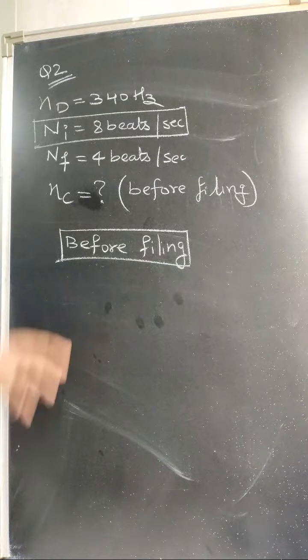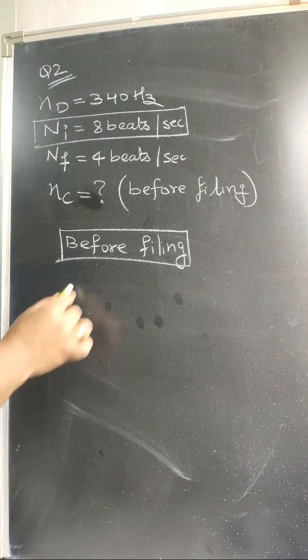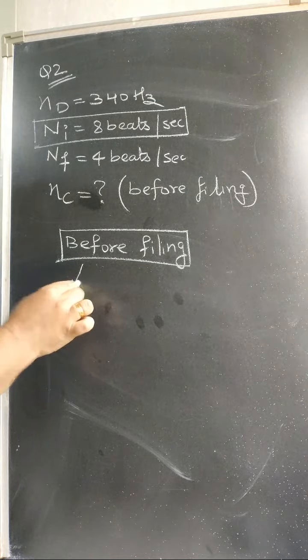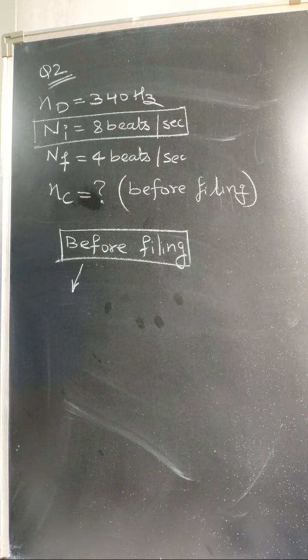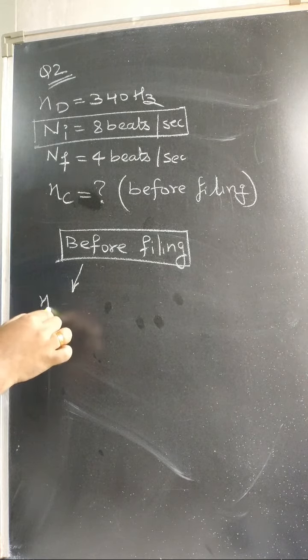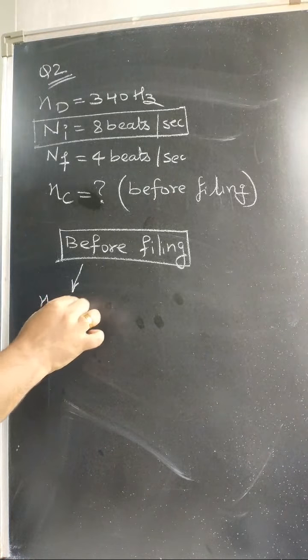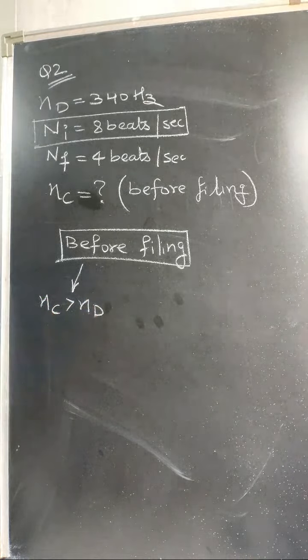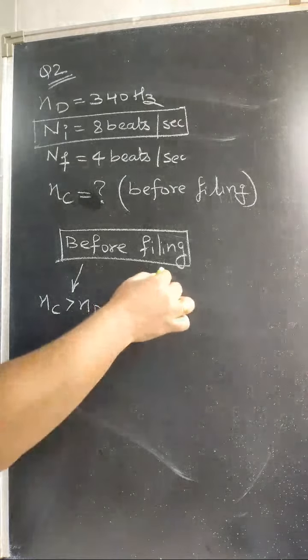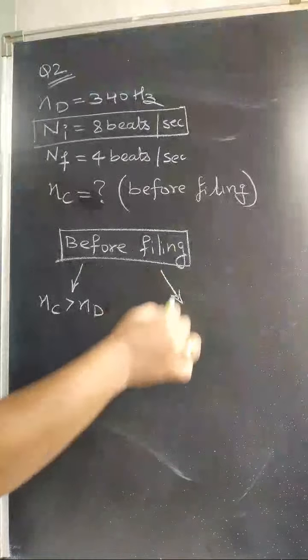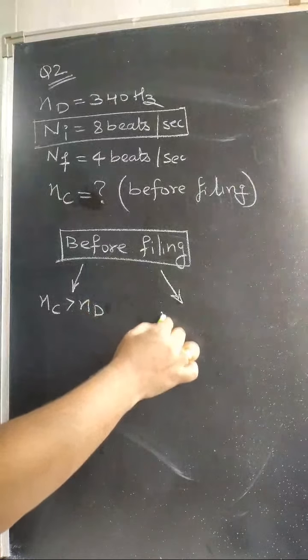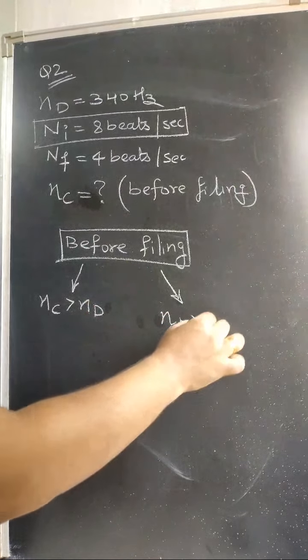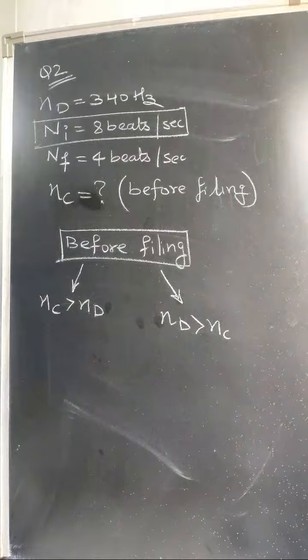Okay? Now before filing, frequency of C can be greater than frequency of D, or it can be frequency of D is greater than frequency of C. Either of it.